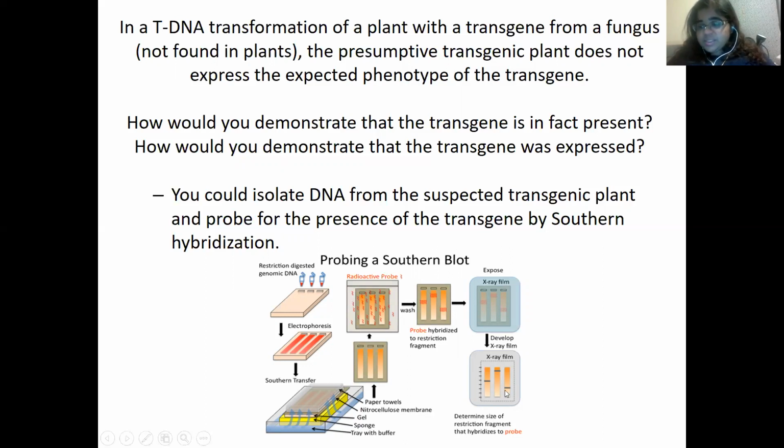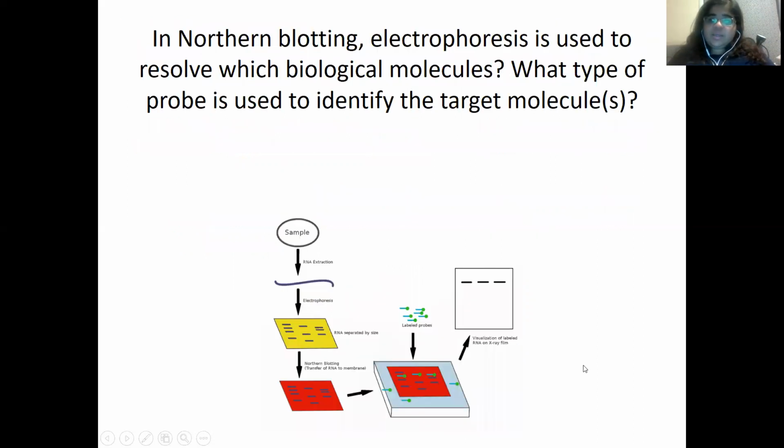Depending on the size, you would see it in your image itself. In northern blotting, electrophoresis is used to resolve which biological molecules? What type of probe is used to identify the target molecules?